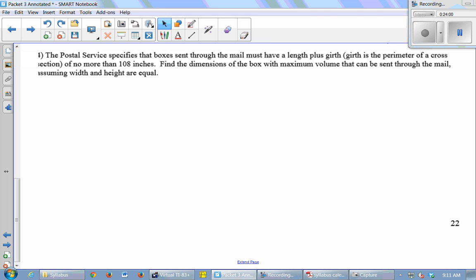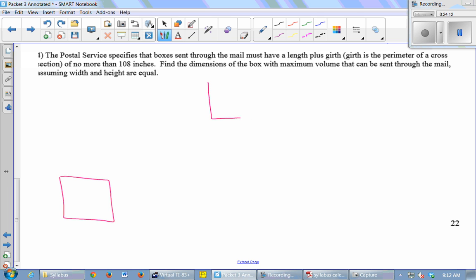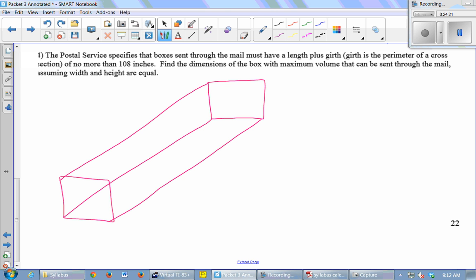So if I draw a picture of it, which I'm terrible at, let's see. So we've got like a square base, and then we've got another square base for the top, and then get the idea? I'm so bad at this. I want some dashed lines here.